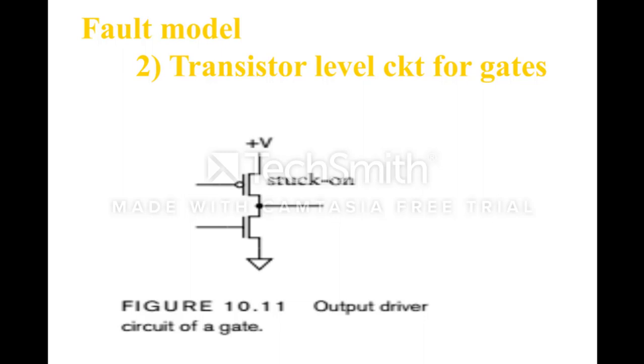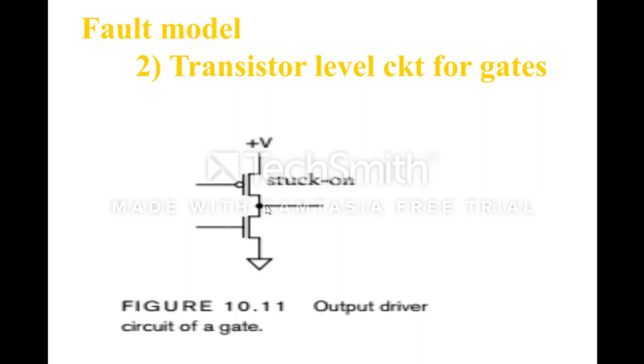Similarly, another kind of fault model is at the transistor level circuit for gates. Consider a circuit. In this circuit, if a pull-up transistor, a PMOS, is stuck on, then irrespective of the input applied to the NMOS input, the output depends on the pull-up transistor.